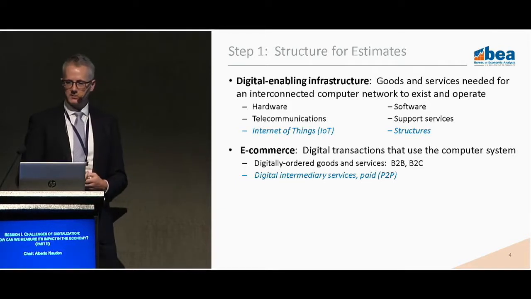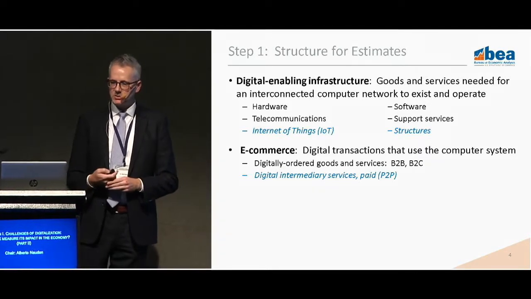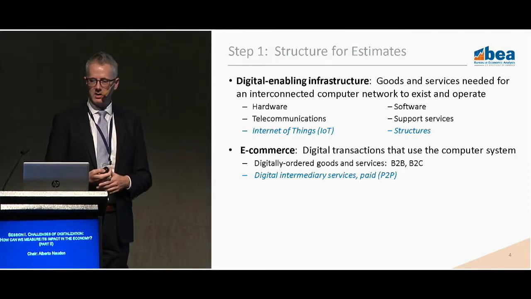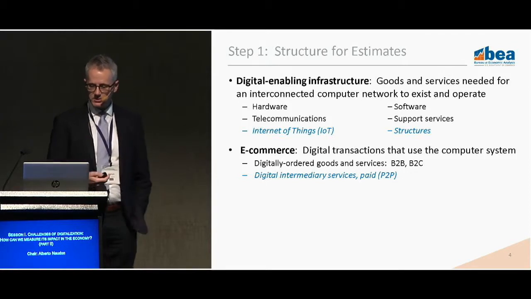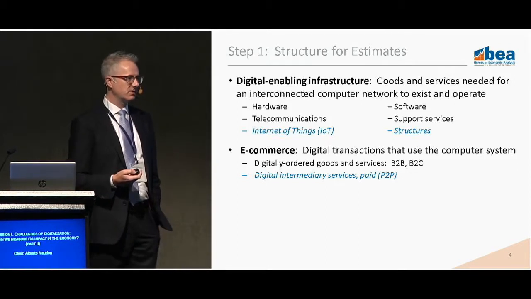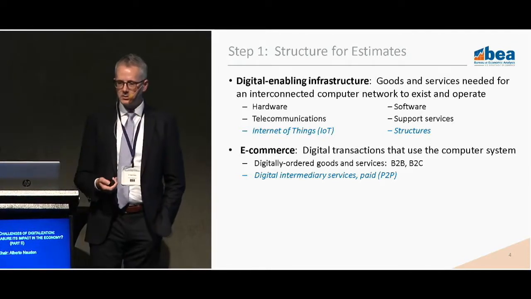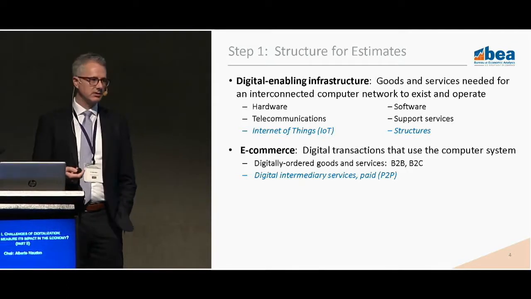The second component of the definition is e-commerce, and these are digital transactions that use the computer networks that we outline under digital enabling infrastructure. This includes digitally ordered goods and services, both B2B or business to business and B2C, business to consumer. And also includes paid services for digital intermediation.